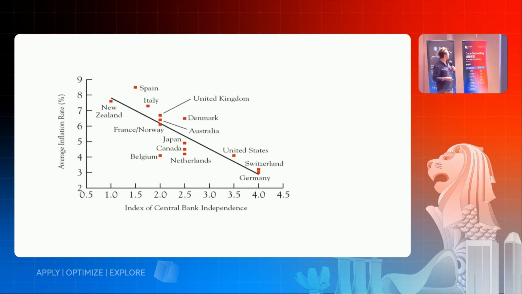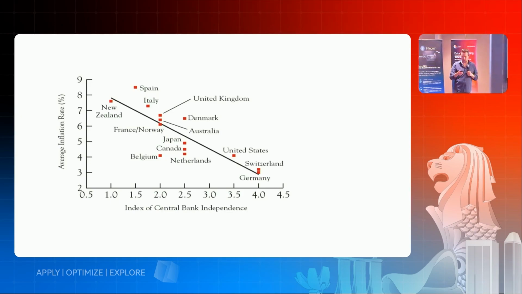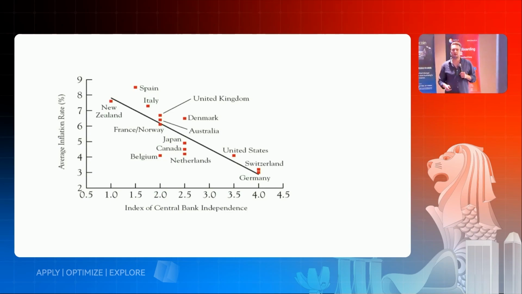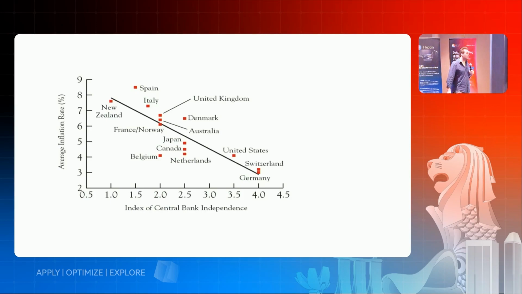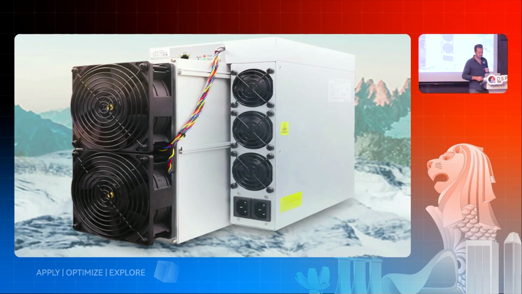And as you can see, the more independent your central bank is from government control, the lower generally your average inflation rate is going to be. But there will always be a target inflation, even down around 2 or 3%. And so maybe compare that to Bitcoin that has some type of scarcity. I think the intention behind Bitcoin was to have some type of deflationary currency.